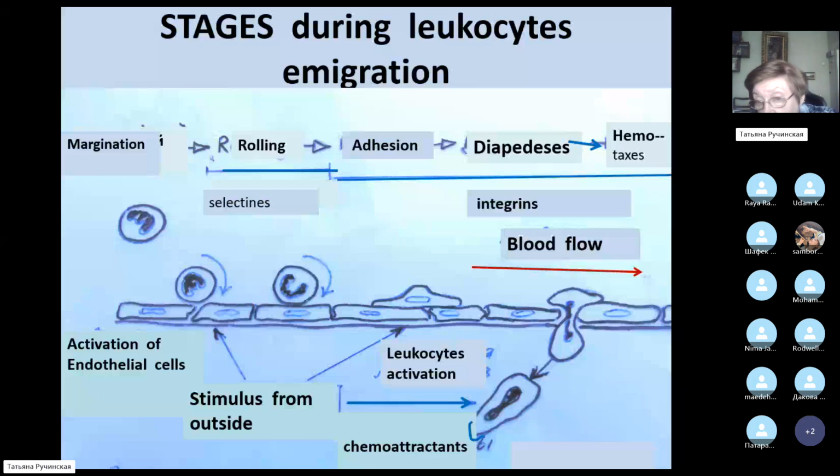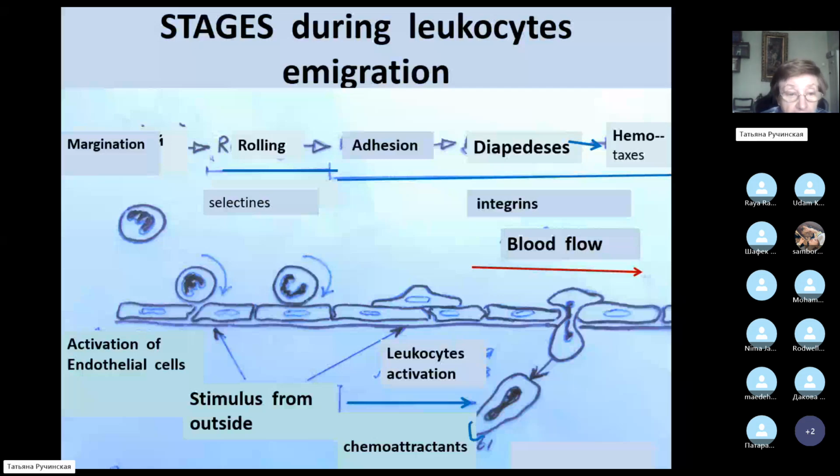And then diapedesis, you see the neutrophil comes through the vessel wall, and then transmigration. The leukocyte comes to the chemoattractants.